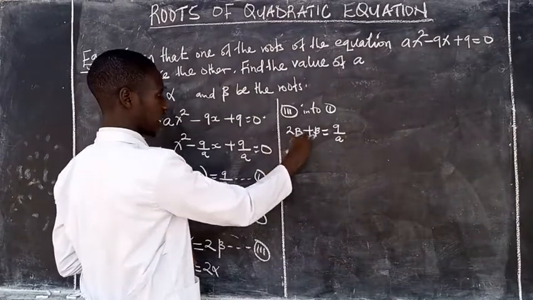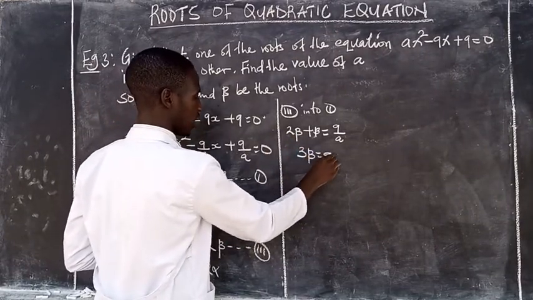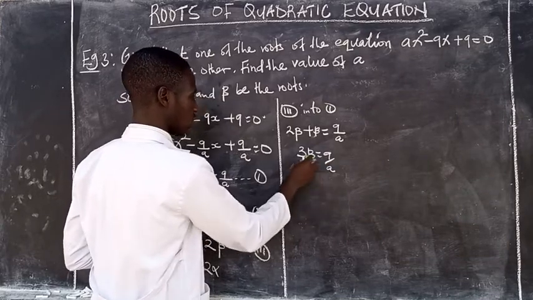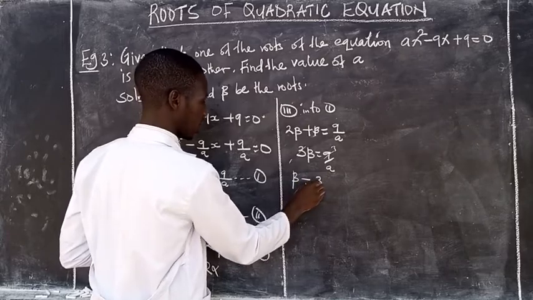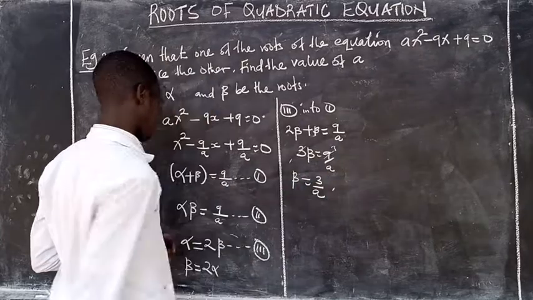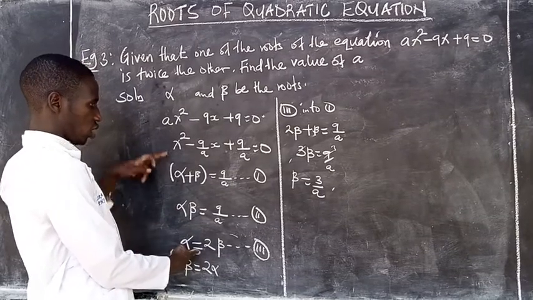So 2 beta plus beta, that is already 3 beta, should be equal to 9 over a. So by 3, beta is the same as 3 over a. That is after substituting 3 into 1.